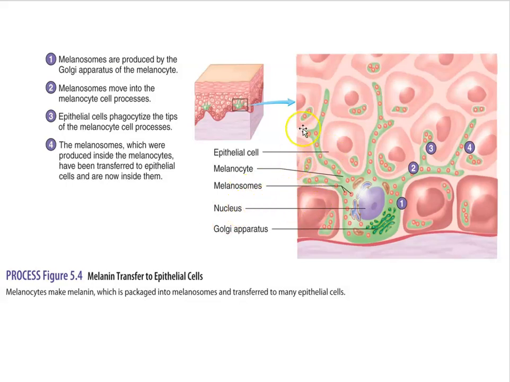And then all the neighbors here, all our normal epithelial cells, can take up bits of these processes and ingest this melanin, which will then work to protect. It'll move to make a protective veil over the nucleus and protect the DNA of the nucleus against the damage that can occur when UV exposure happens.